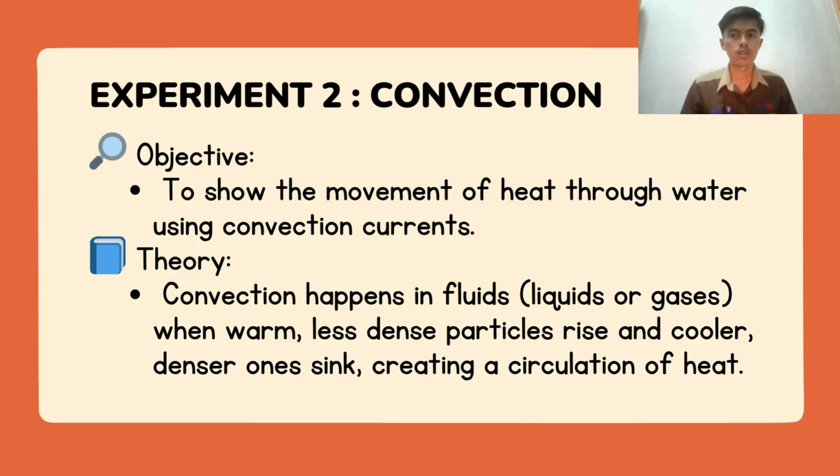This continuous cycle forms what is known as a convection current. To visualize this, we will use hot water and sprinkle tea powder on its surface. The movement of the tea particles will help us observe the flow of heat within the water and how convection helps distribute heat evenly in the liquid.